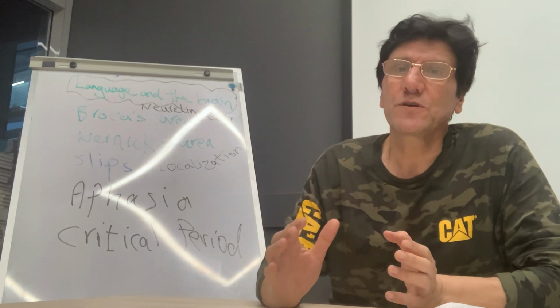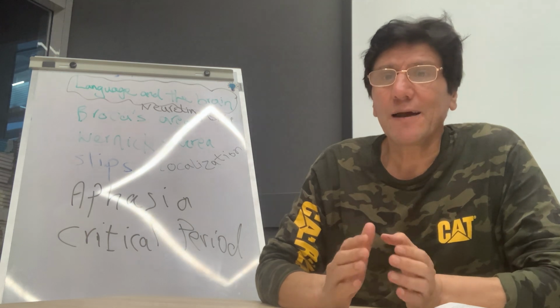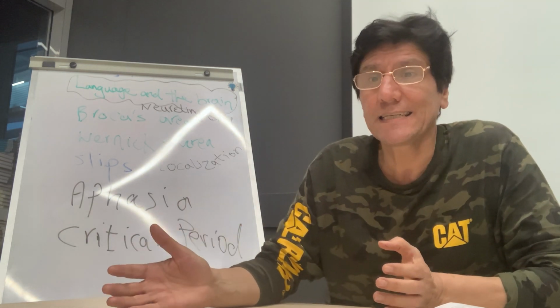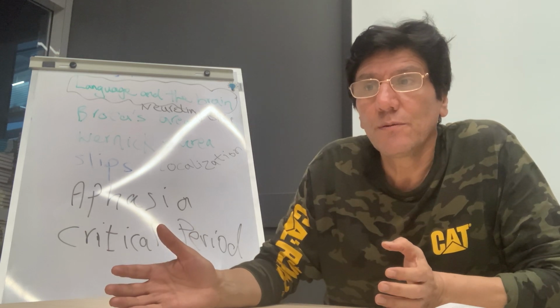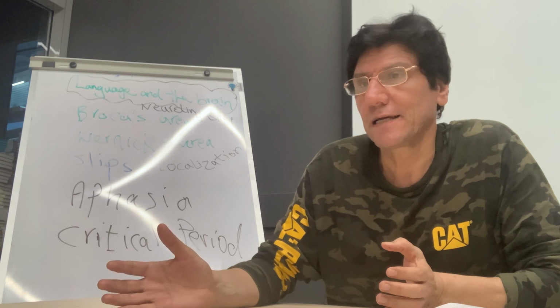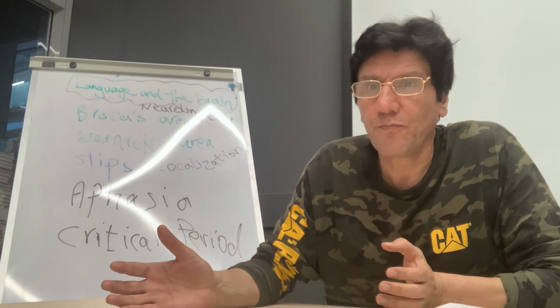Rather, it is responsible for comprehension of language. So any damage to Broca's area or the frontal part of your brain in an accident leads to production problems. You cannot basically speak, or your speech is not understandable.